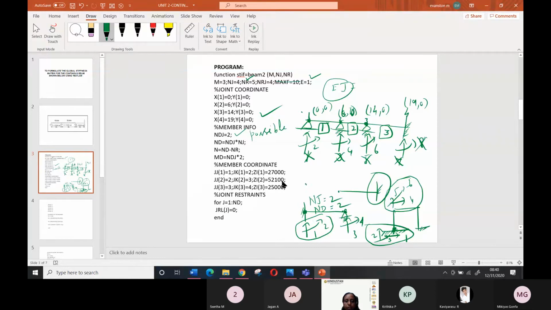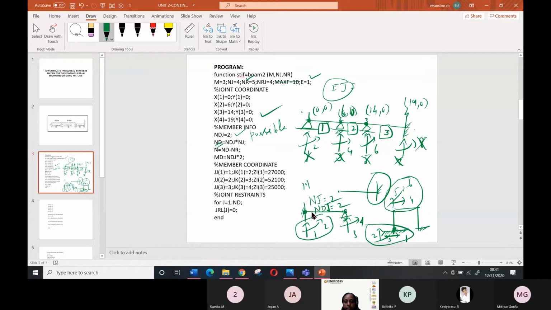So the total degree of freedom I have given as ND. NJ is the number of joints, NDJ is the number of degrees of freedom for a joint. So the number of joints is 4 for this problem.